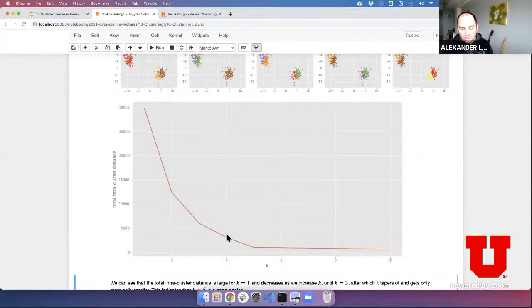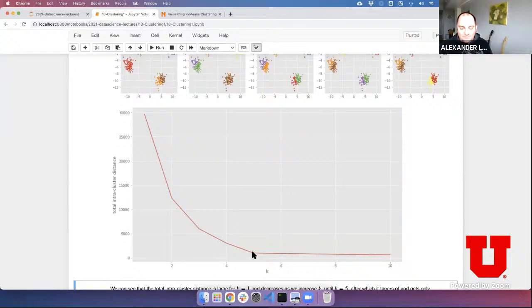And then if we increase it to 4, it drops again. And to 5, it drops again. But then it keeps getting lower. But we have this discontinuity here, this knee. And so basically here the intra-cluster distance tapers off. So it's still of course decreasing, but it's not decreasing as fast as it did before.